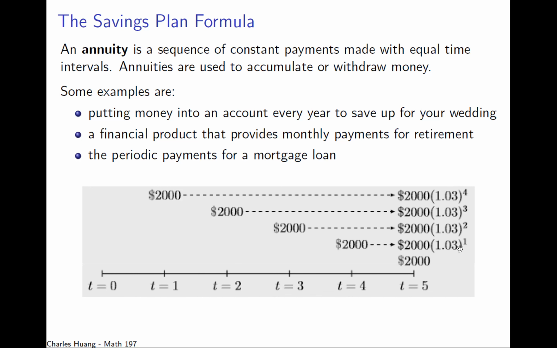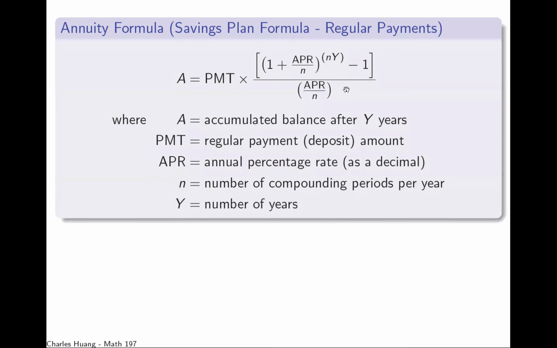What we have to do is add everything up. If you have taken a different math class before and learned about geometric series, this is how we are going to be adding these up. For the purpose of our class, we're going to give you the results right away.